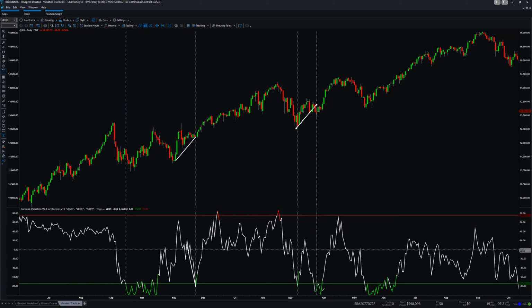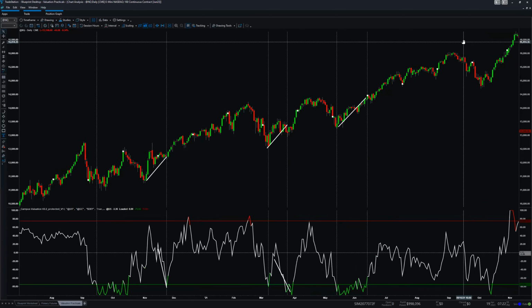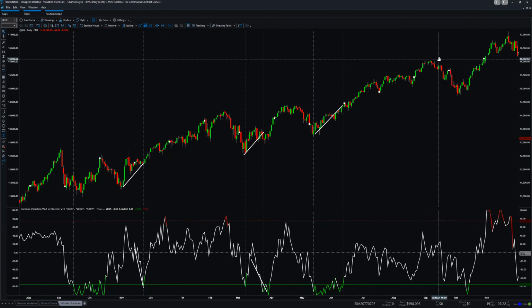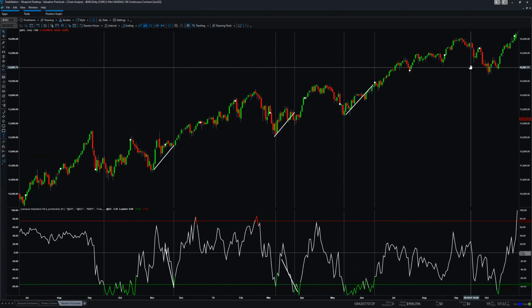We were undervalued here, and we're getting undervalued again, and then we're undervalued here and we stay undervalued. Again, very rare setup. We go into all-time highs, and then we get that rare setup again. And so it's going to be very similar in how this works, as we saw on Apple.